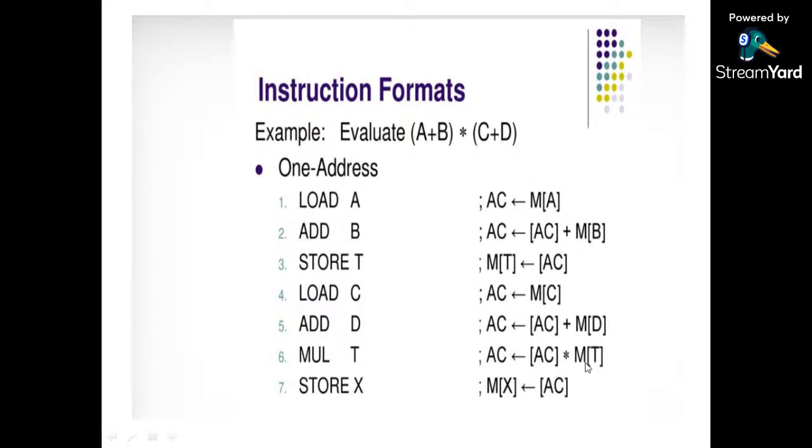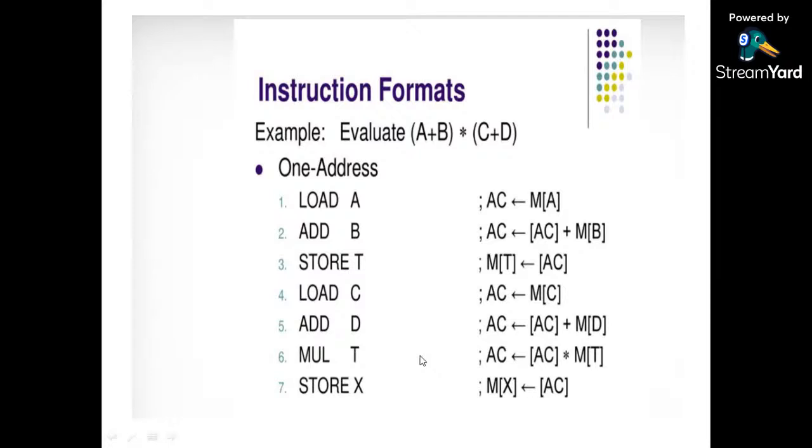The data from memory location T will be multiplied with the contents of the accumulator. What was stored at memory location T? The result of addition of A plus B. And what was stored in the accumulator? The result of addition of C plus D. So now A plus B will be multiplied by C plus D, and that result will be stored in the accumulator.